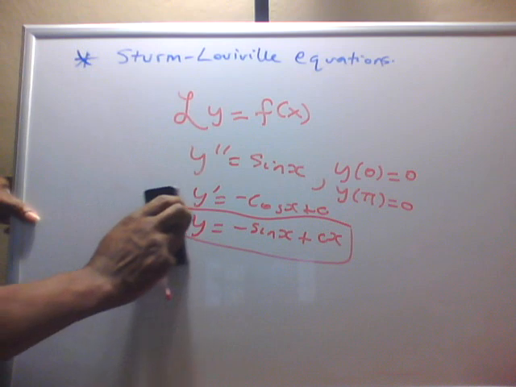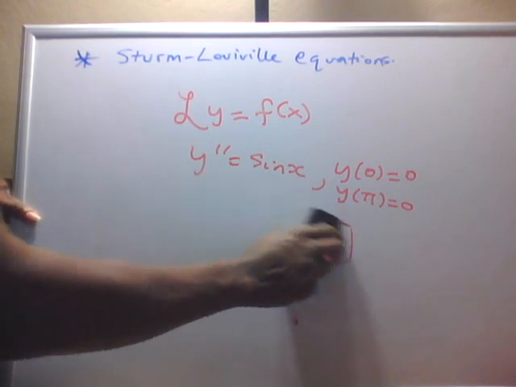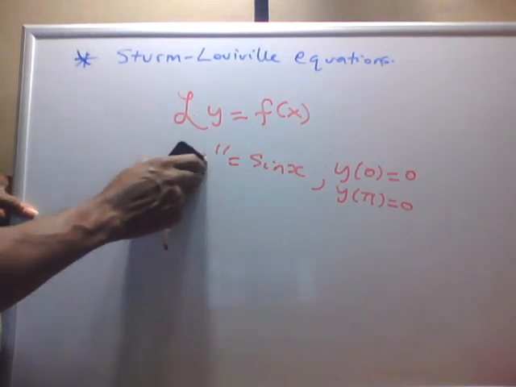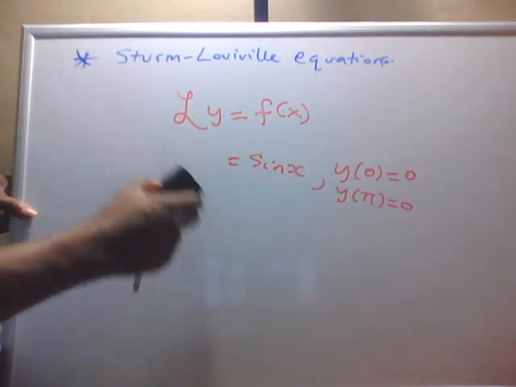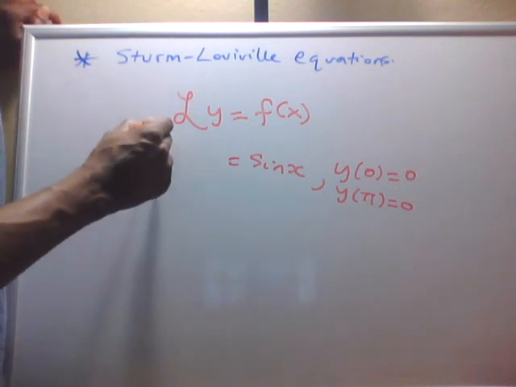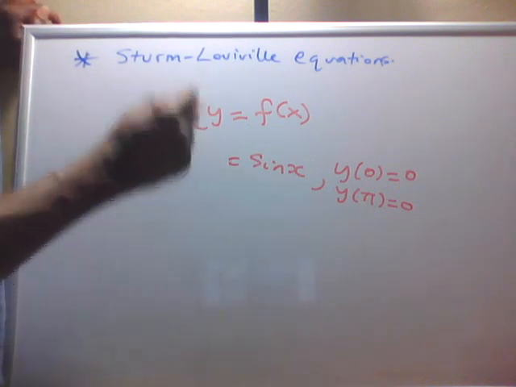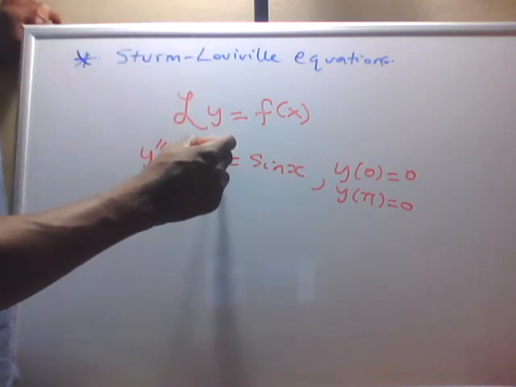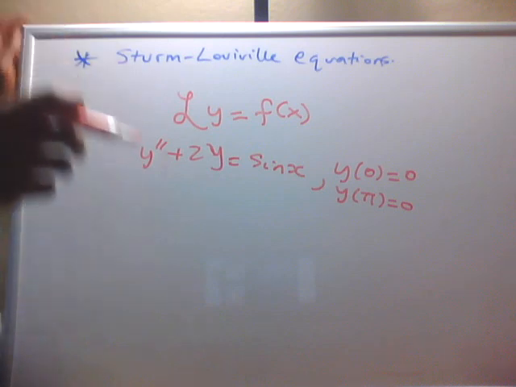What if I complicate this a little bit, and to find out the constant, you plug that in. What if I complicate this a little bit and say y prime prime plus 2y equals sine x.